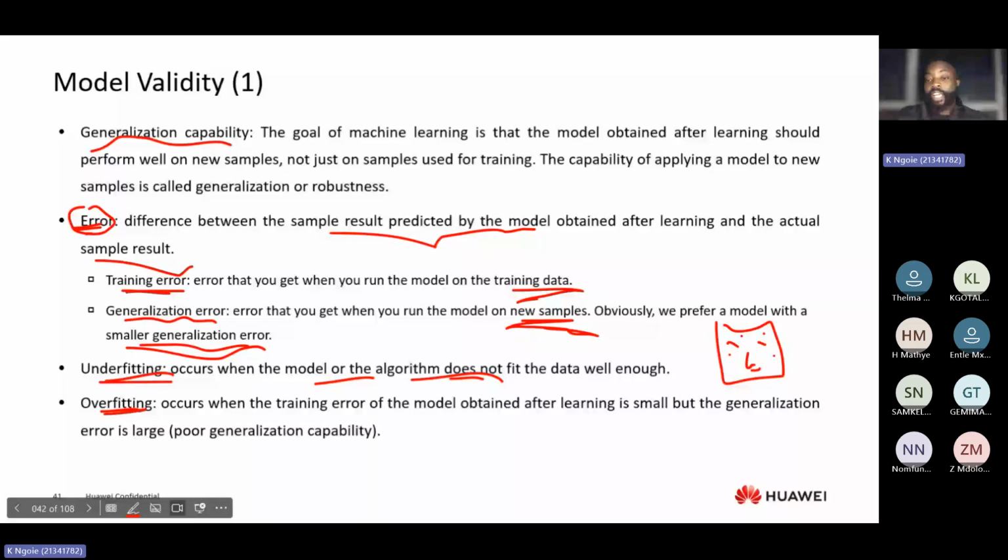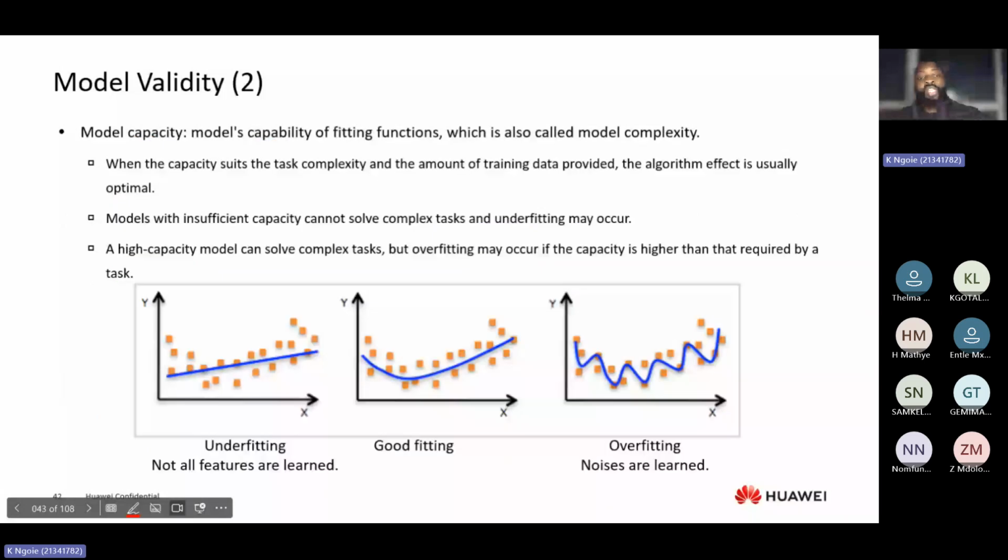But the generalization error will be large, because in real life, when you want to apply this, it's not going to work. So overfitting occurs when the training error of the model obtained after learning is small, but the generalization error is large. Okay, so that is it.